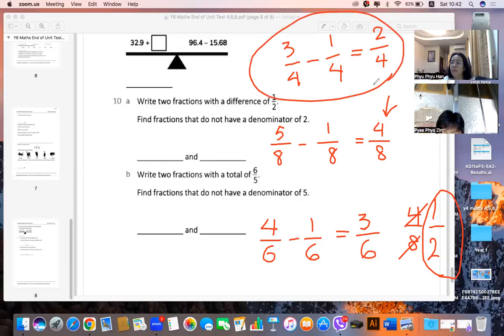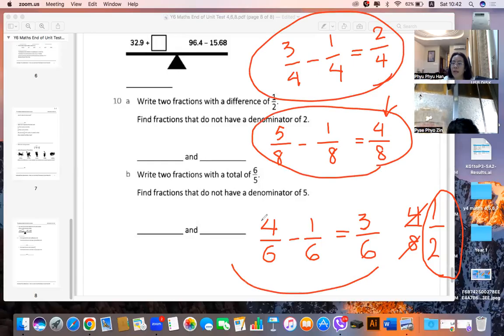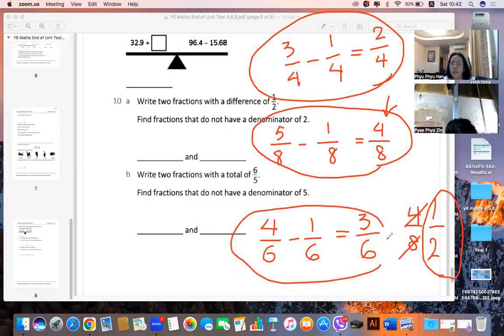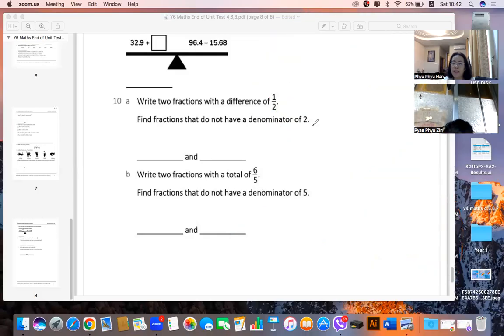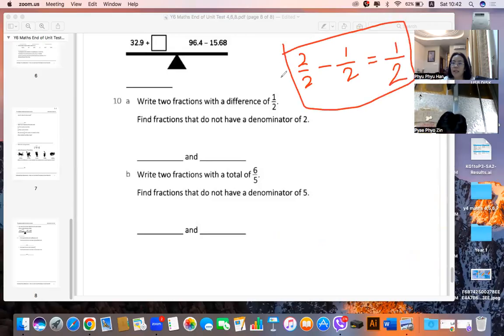So this can also be an answer. You can write anything that you like. But one thing: can you give this as an answer here?